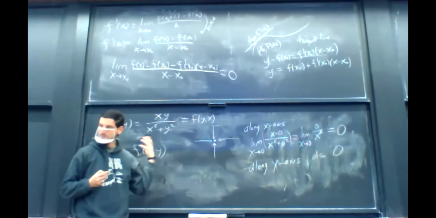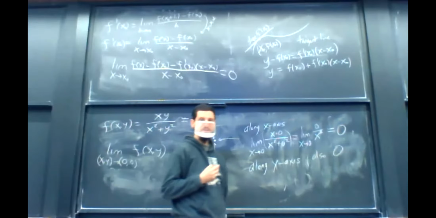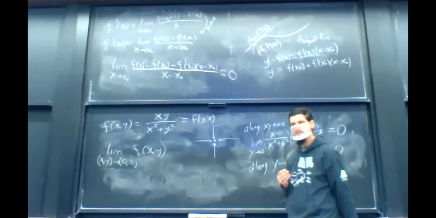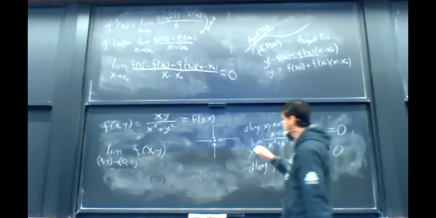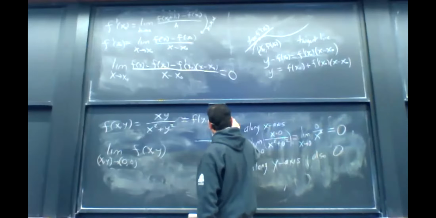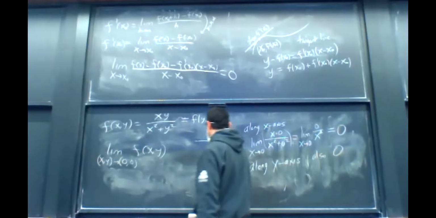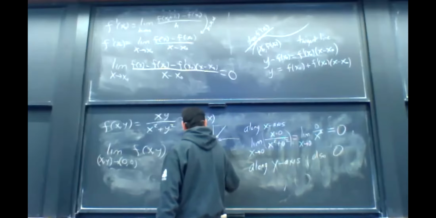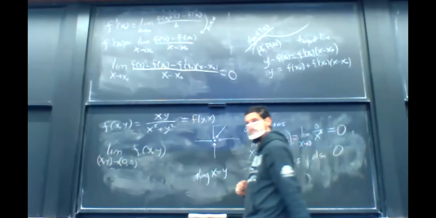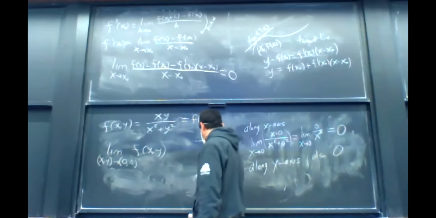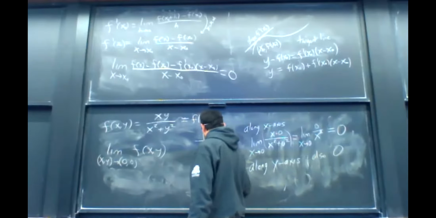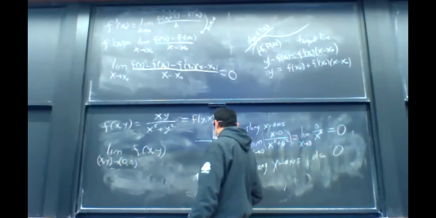We tried the x-axis, we tried the y-axis. What would you try next? Diagonal. So we could try along x equals 1. Or more generally, you could try along y equals mx.